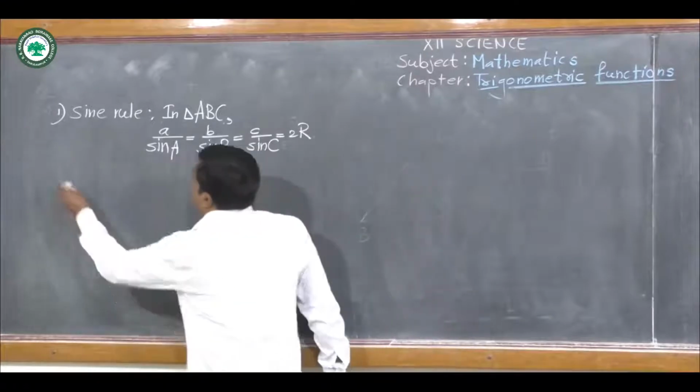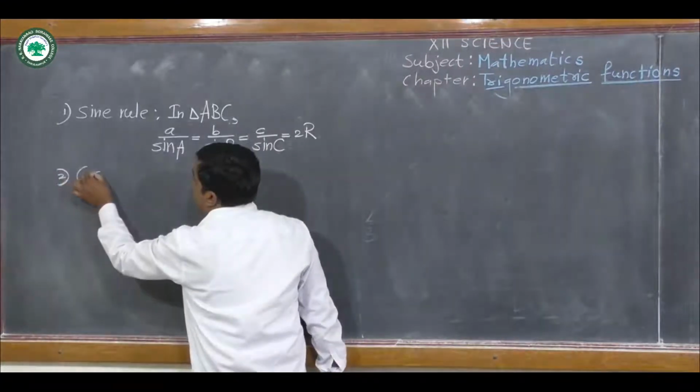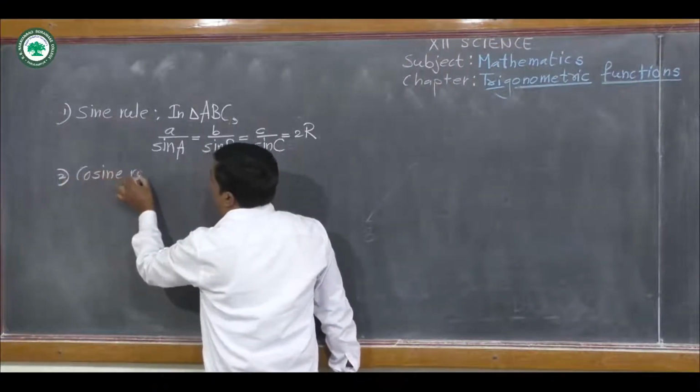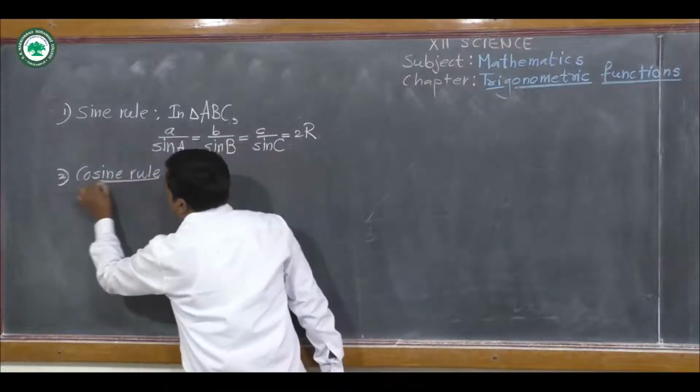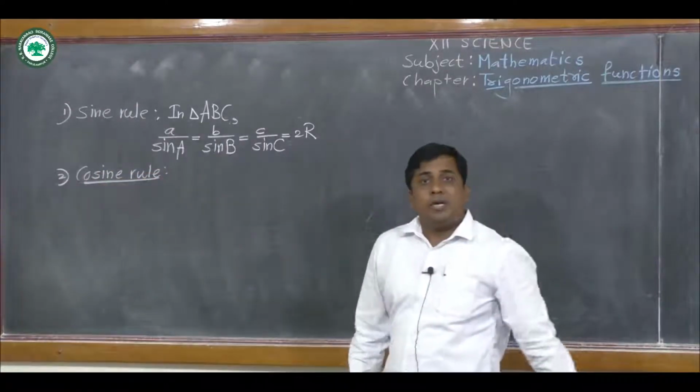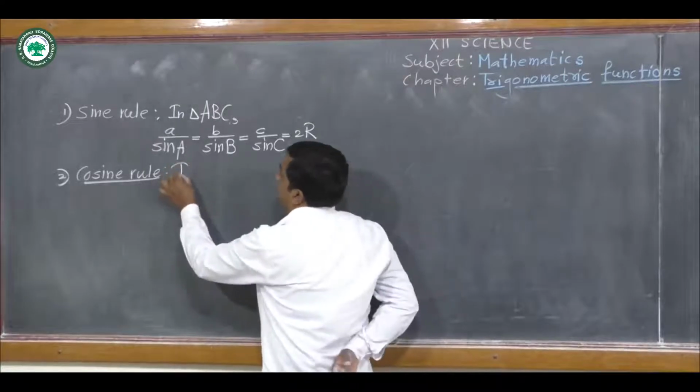Then we see the second relation, the cosine rule. To define the cosine rule, we consider triangle ABC.